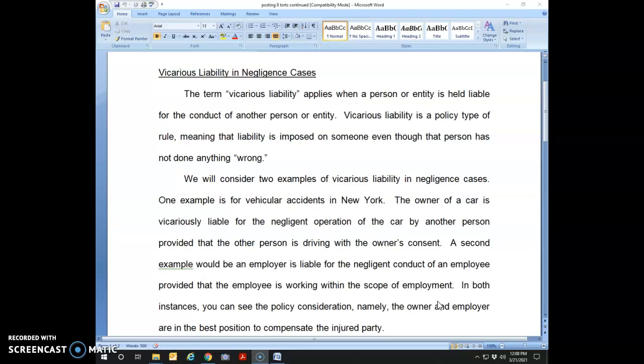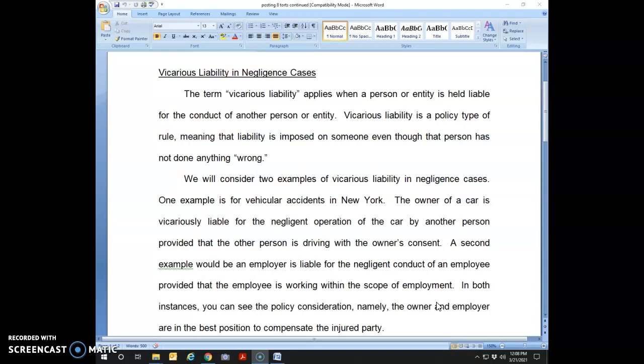Those of you who are in my crimes course, this has the flavor of, but is different than, Section 20 liability under the penal law, liability for the conduct of another person, which requires a specific intent and assistance and so on.